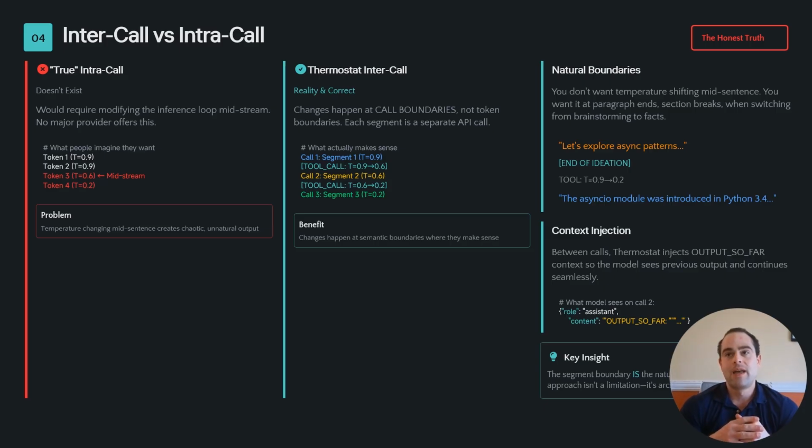And for the most part, it understood that that's what it probably should do, and it outputted that reason accordingly in the reasoning. So yeah, as I alluded to, the natural boundaries: you basically have these tags for the end of ideation, and then the prompt to call the tool and then begin generating on the next call with the newer temperature.